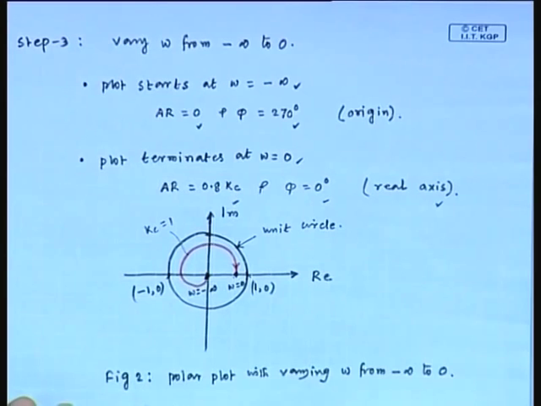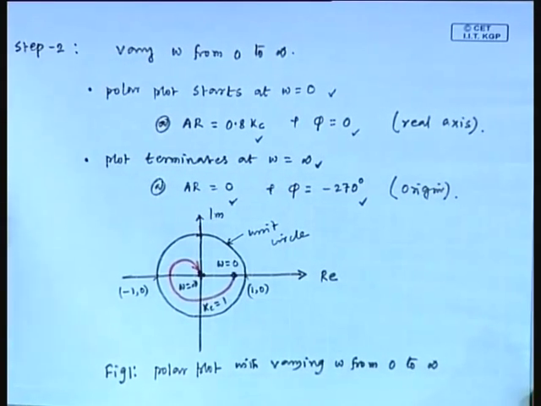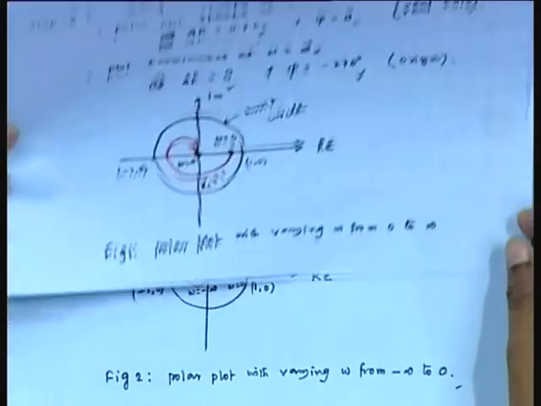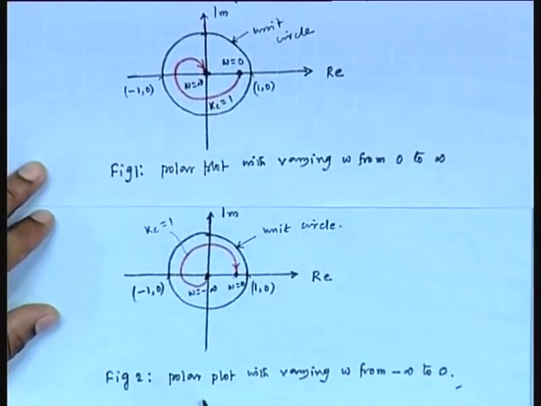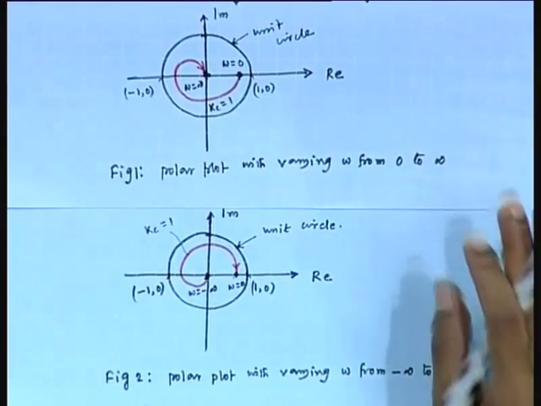This is figure 2, which is basically the polar plot with varying omega from minus infinity to 0, and previously we obtained the polar plot with varying omega from 0 to infinity. Suppose this is figure 1. In figure 1 we obtain the polar plot with varying omega from 0 to infinity, and in figure 2 we obtain the polar plot with varying omega from minus infinity to 0. Now, you see figure 2 is the mirror image of figure 1.